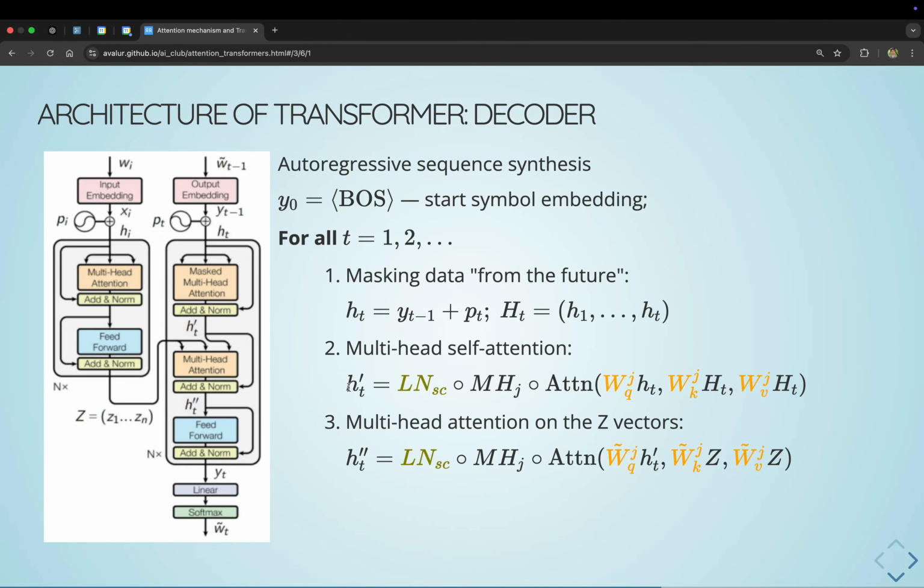We get H prime after the first time. Then after the second part we get H double prime.